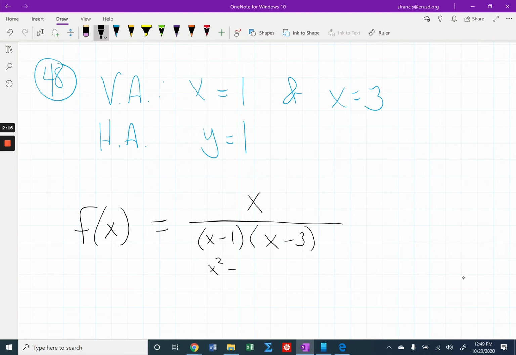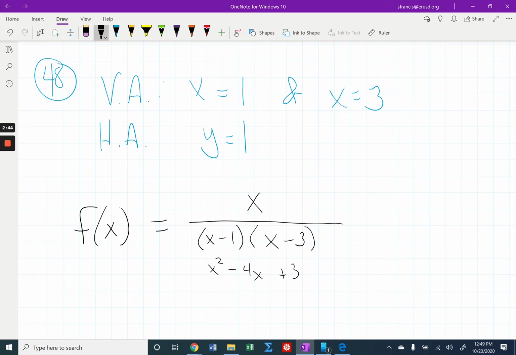We would get x squared minus 4x plus 3, and then I would divide by x squared in the numerator and denominator, the highest power of x from the denominator. When I do that, this is going to give me a 1. This term will end up going to 0, as will this one. This will also end up going to 0. So this thing would go to 0 over 1. So the graph of f, as it's written now, has a horizontal asymptote of y equals 0.